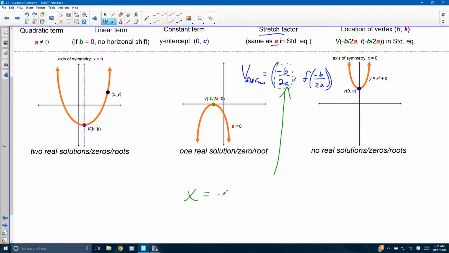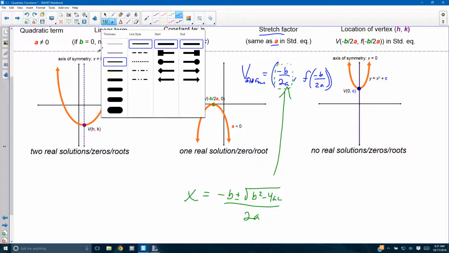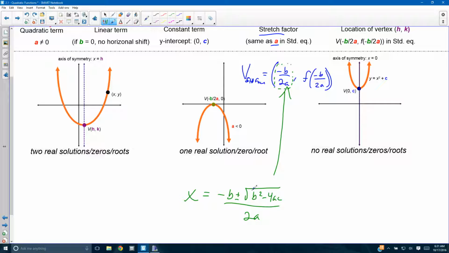Y'all know the quadratic formula? This guy right here. Well, it's saying something to you, and it's actually shouting it at the top of its lungs. This guy right here is called the discriminant. The discriminant is a value such that if it is a perfect positive square root, that means you have rational solutions, 2 of them actually.